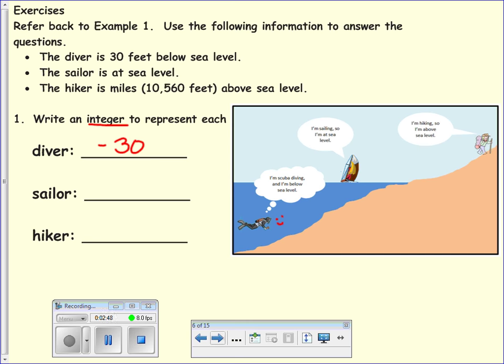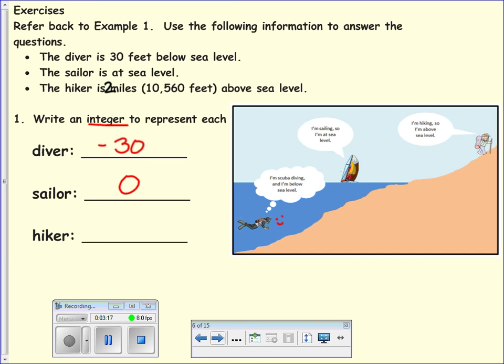What would we say the sailor is at? If we're comparing everything to sea level, and the sailor in that lovely sailboat is at sea level, what would we consider that? 0. And the hiker is at 2 miles above sea level. But since we wrote the diver in feet, let's also write the hiker in feet.